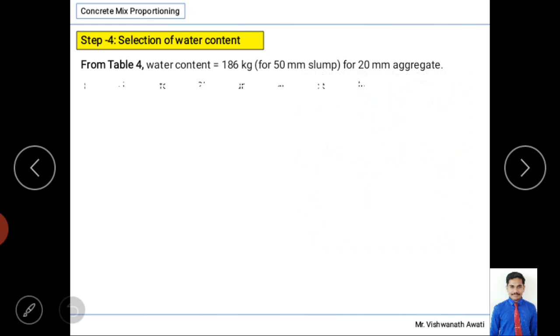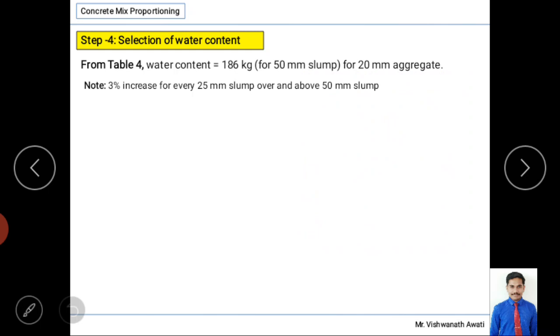But for us they gave 75 mm slump. That's why there is a note: 3% increase for every 25 mm slump over and above 50 mm of slump.